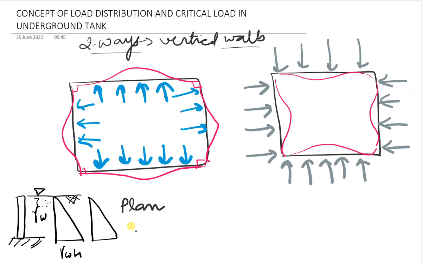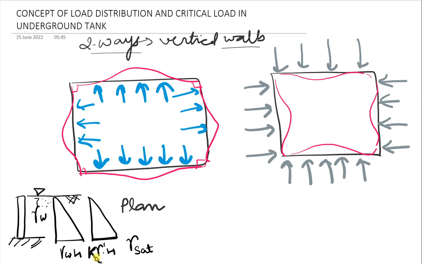So the density of the water is gamma W. The density of the soil is, say, gamma soil saturated. This saturated soil will act as effective, so the density of the soil will be effective now. In terms of pressure, gamma dash into H, right?